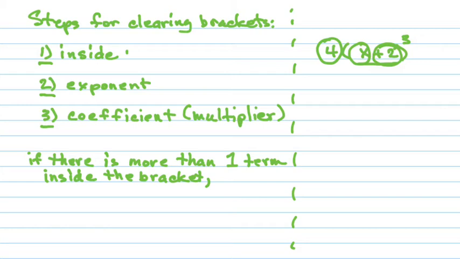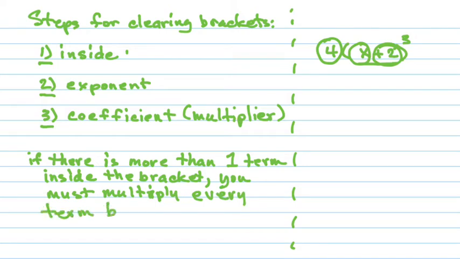If there's more than one term inside the bracket, you must multiply every term by the coefficient. Okay, let's write that down. You must multiply every term by that coefficient.